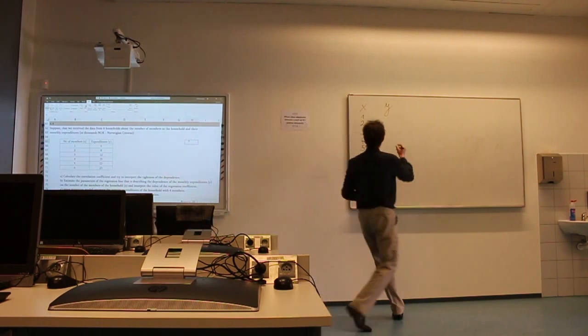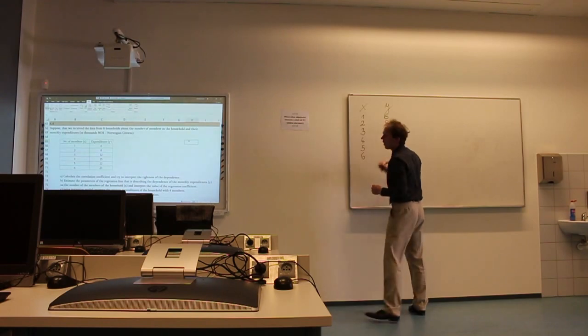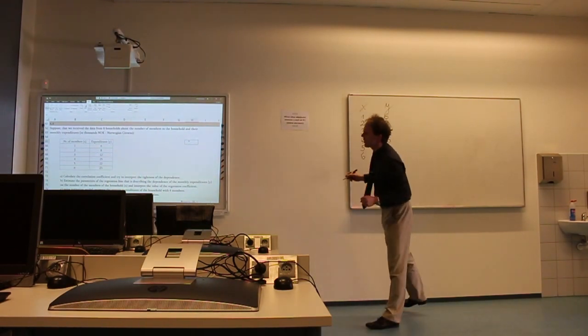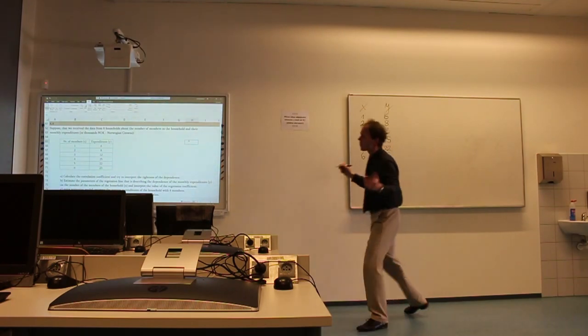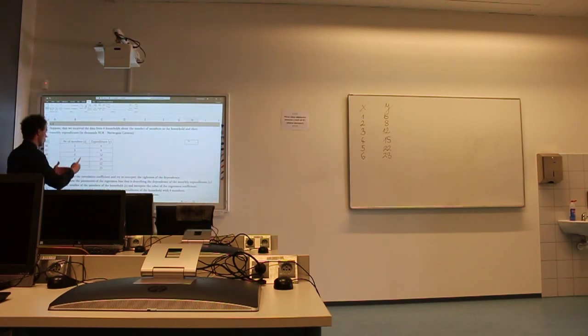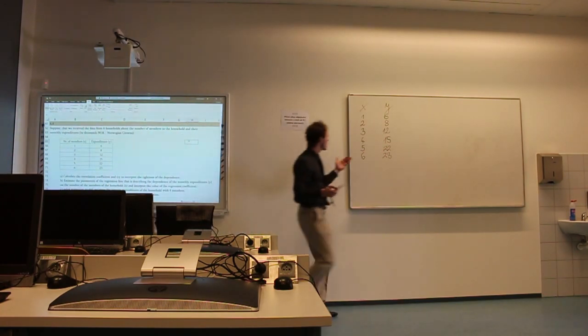The expenditures are 6, 8, 12, 15, 22, and 23. Okay. We would like to calculate the correlation coefficient and try to interpret the tightness of the existing dependence. You can imagine the chart.